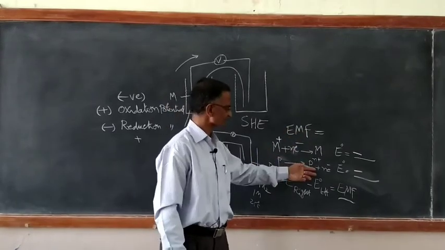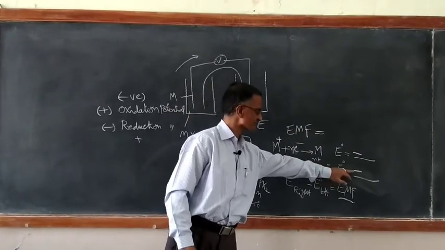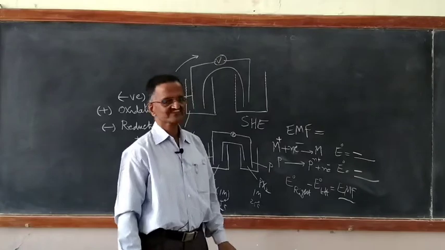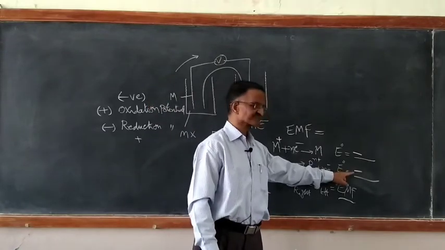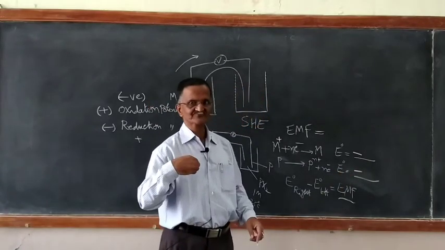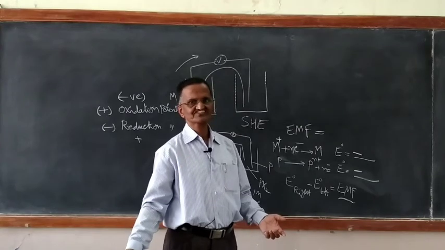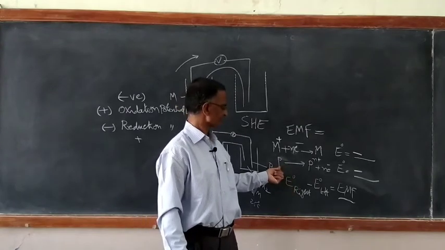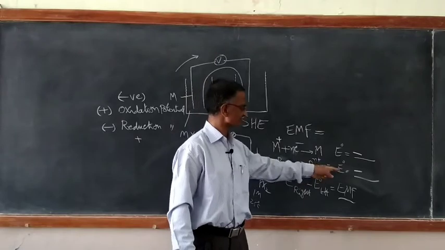For oxidation it is positive, for the reduction it is negative. So if it is negative, that means for the reduction to take place, it will be positive. That means my metal is not ready to undergo oxidation, the value is negative.